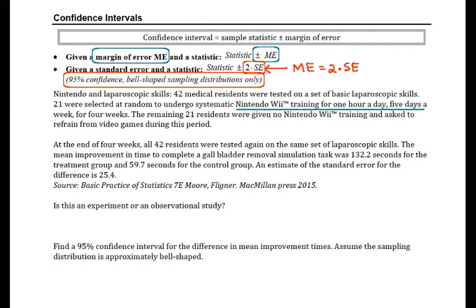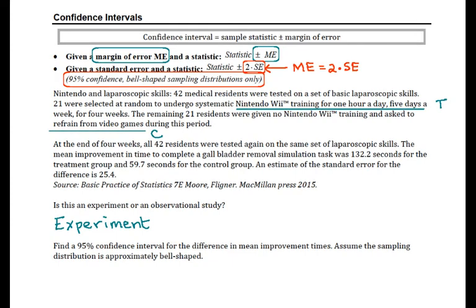And then others which were asked to refrain from video games, which would be our control group. So this is an experiment because the researchers told the medical residents whether to use the Nintendo Wii or not. We didn't just track video game use, we controlled the video game use.